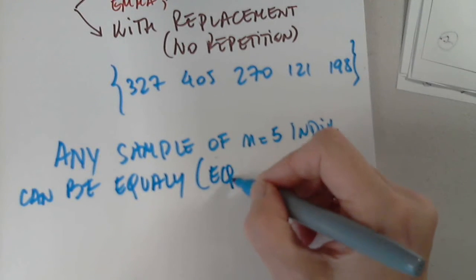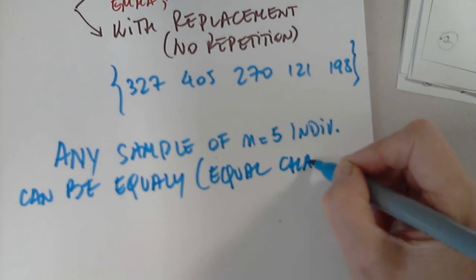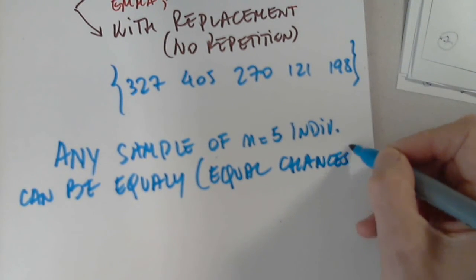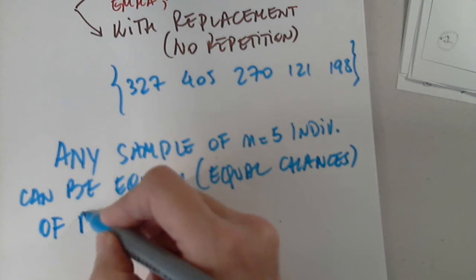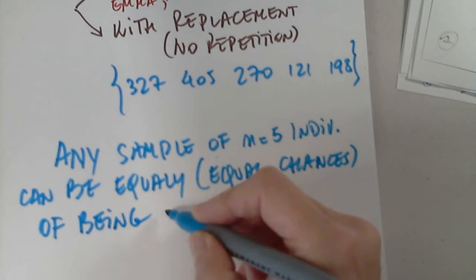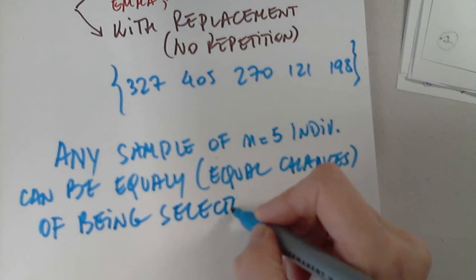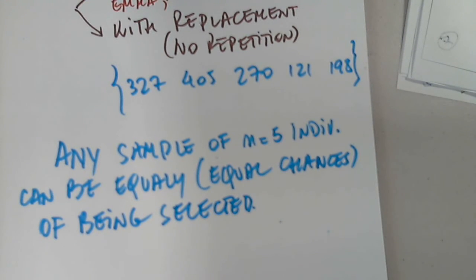Equal chances. Has equal chances of being selected. I didn't pick based on bias.